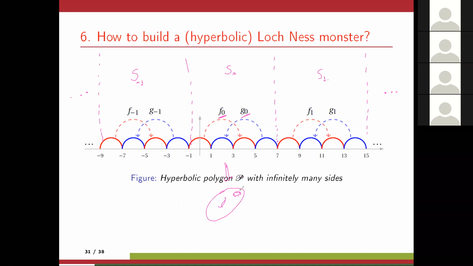If you develop this construction in each strip, you have a torus minus a disc. So you can put together all these tori minus a disc, and when you put them together, you obtain a Loch Ness monster like this one.